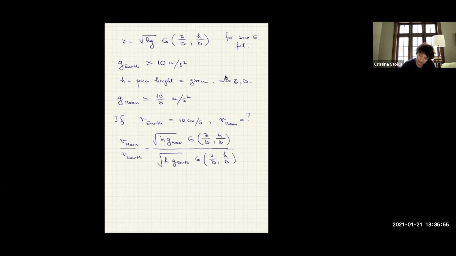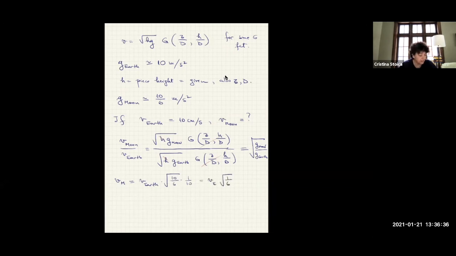Then we do a little back of the envelope algebra, and we end up with root of g moon over g Earth. So it would be v Earth times the root of 10 over 6 times 1 over 10, so v Earth times root of 1 over 6.